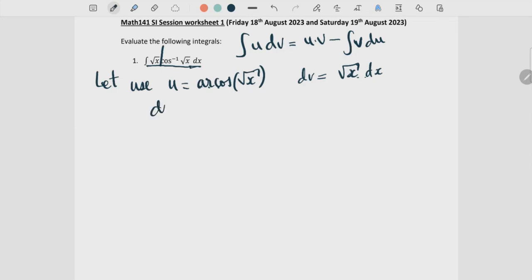In that case, our du would be the derivative of arc cos of root x in terms of x. So what does that give us?